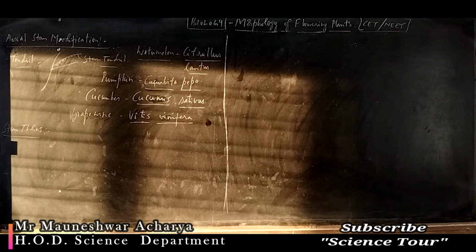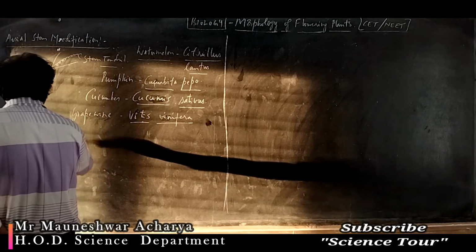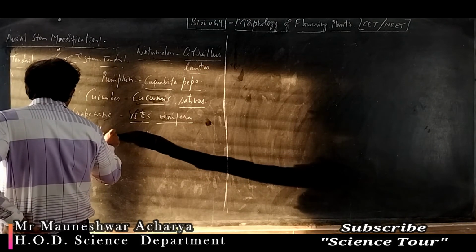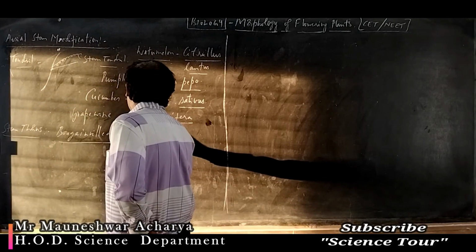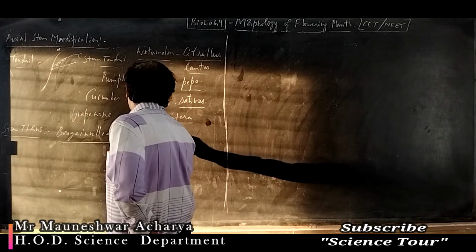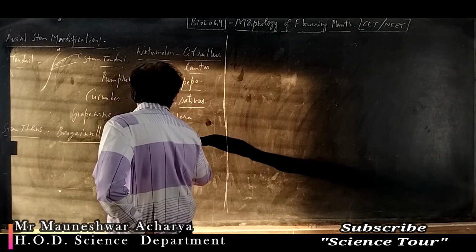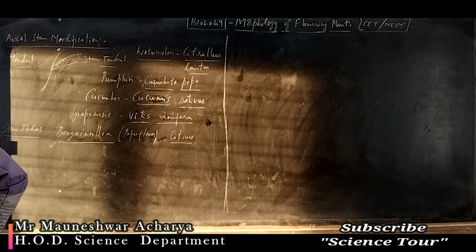Then in the case of bougainvillea, that is the paper flower. In the case of citrus, lemon, etc. So they have stem thorns. Note down all these points, students.